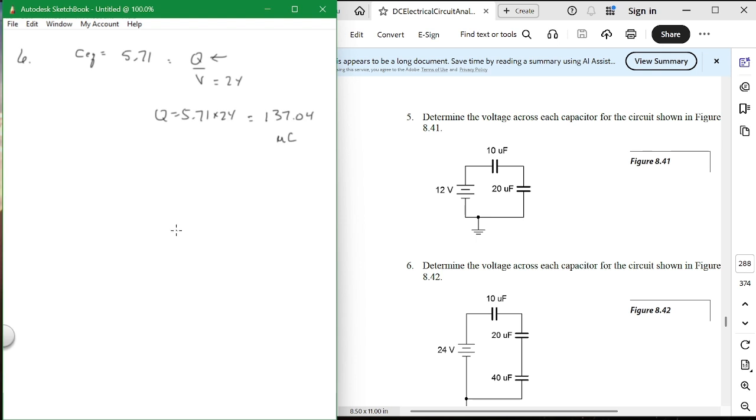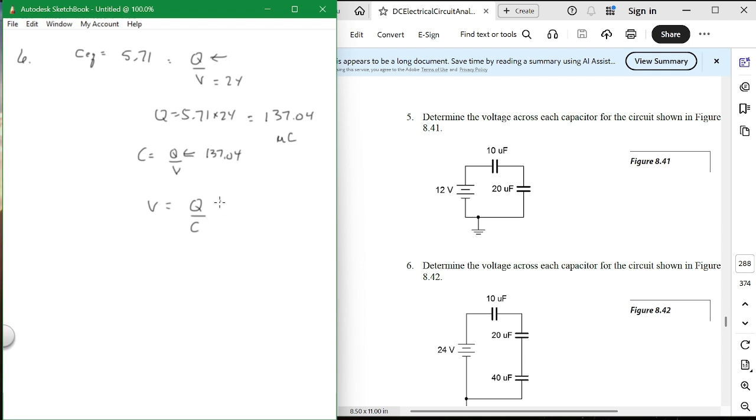Now I go back and plug in C equals Q over V, and I've now got this guy. This is 137.04, and it's the same across all of them. If I've got a specific C, I can find my V. So V is equal to Q over C. Everybody follow that?